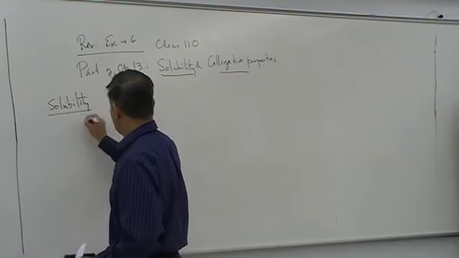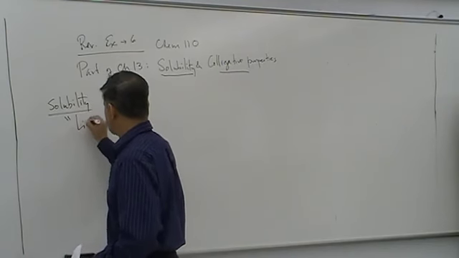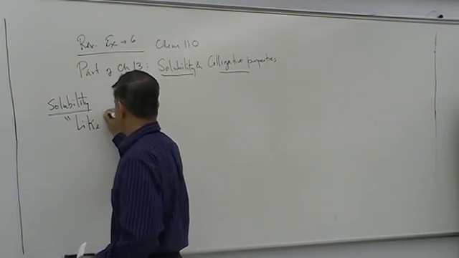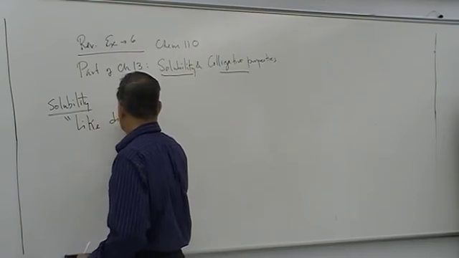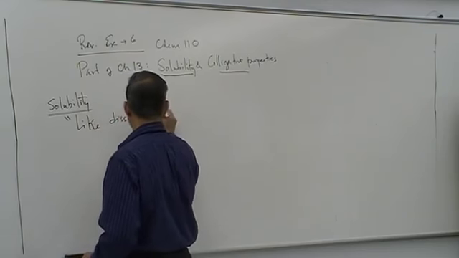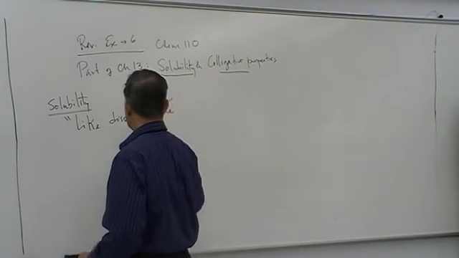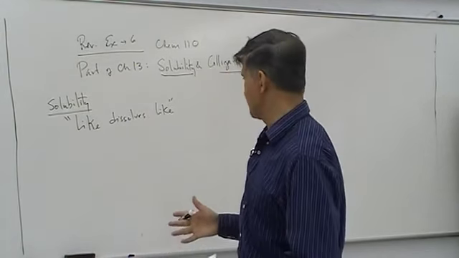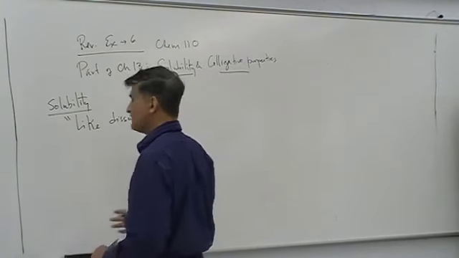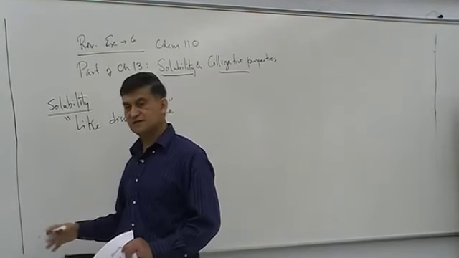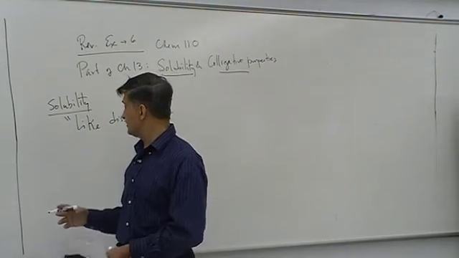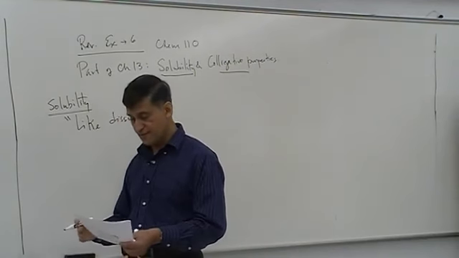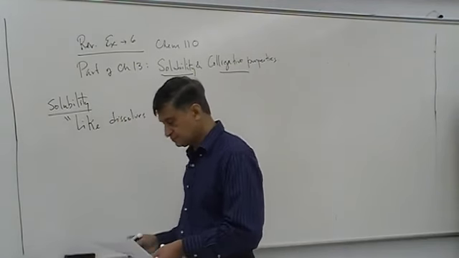In chemistry, we use the term like dissolves like. That means if I have a polar solvent, it's going to dissolve polar molecules or polar solutes. If I have a nonpolar solvent, it's going to only dissolve nonpolar compounds or molecules.